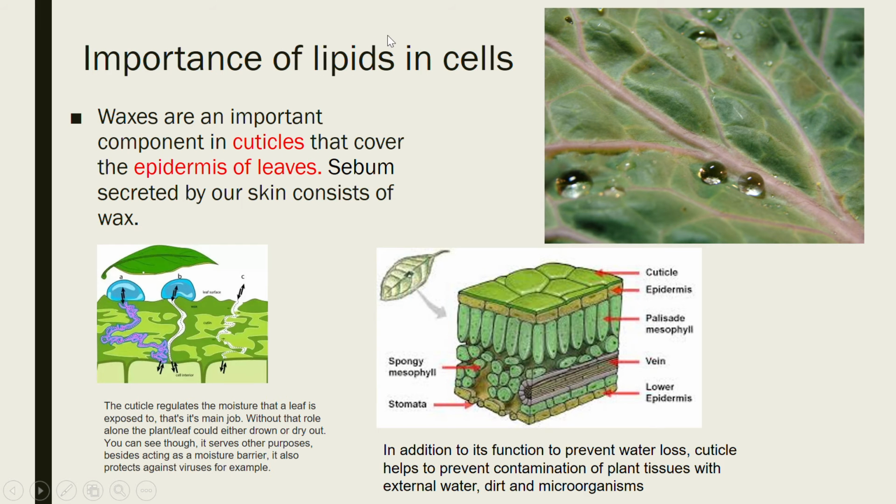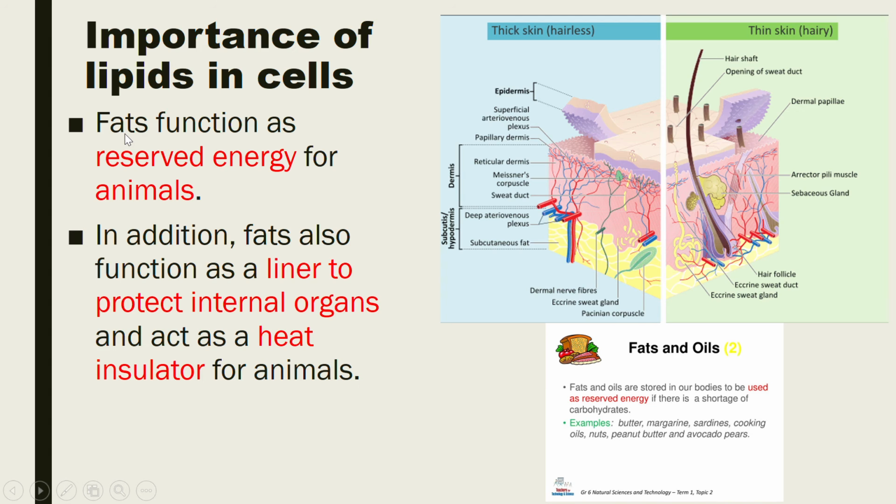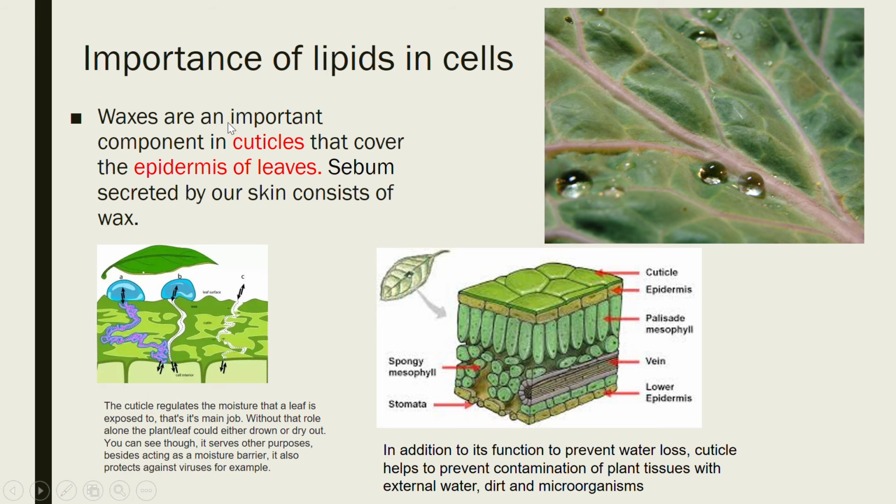So, continue. The second category, we have wax. They are an important component in the cuticle of the leaf. Remember, this is the cross-section of the leaf. In chapter 2, we came across this picture. The topmost layer is actually the cuticle layer, and that is a waxy layer.